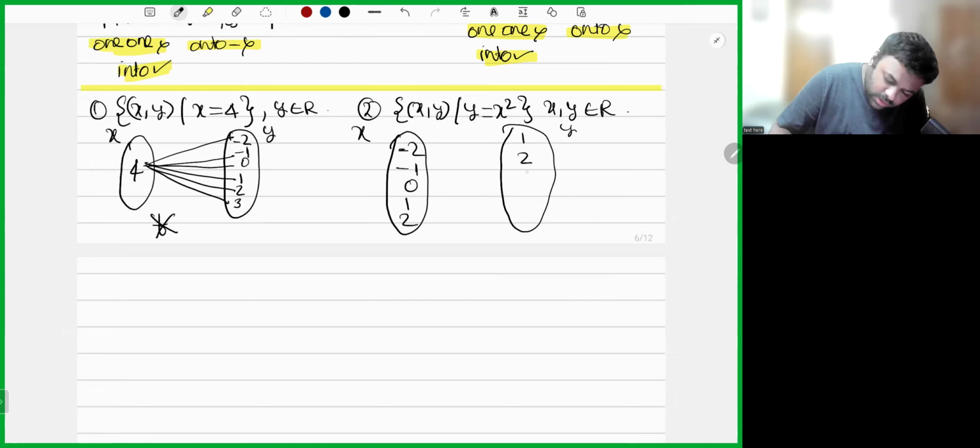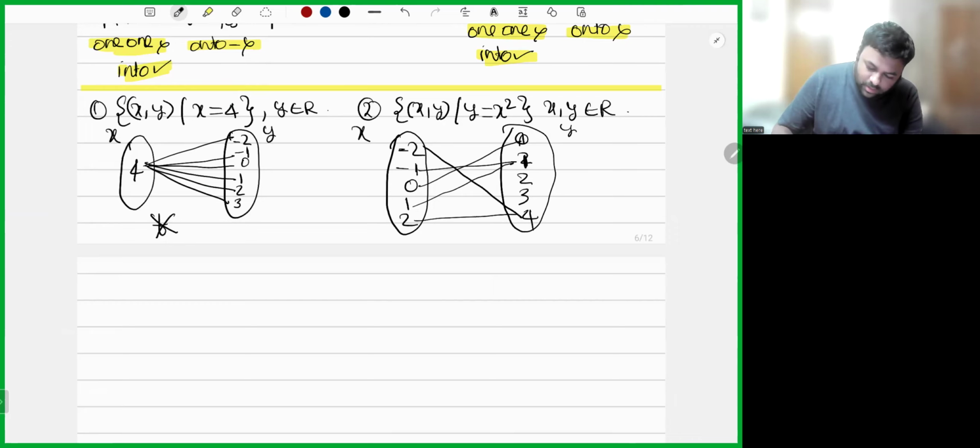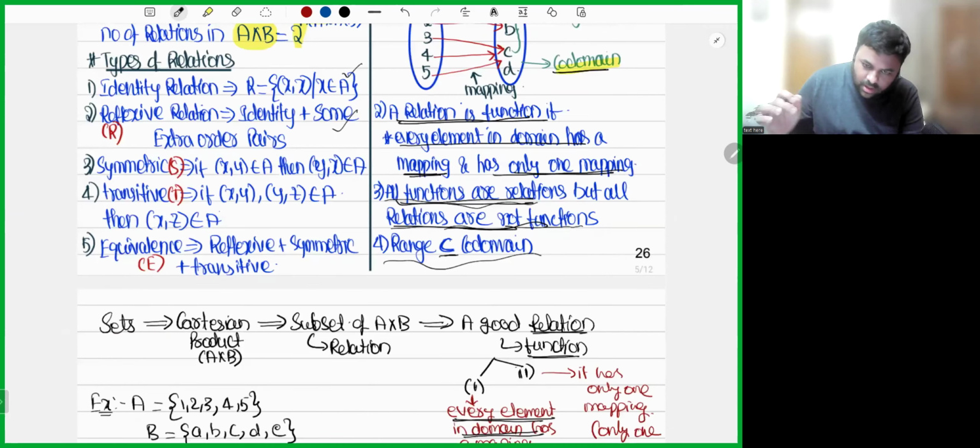What is -2 whole square? Sorry, -2 whole square is 4. What is -1 whole square? 1. What is 0 square? 0. What is 1 square? 1. What is 2 square? 4.